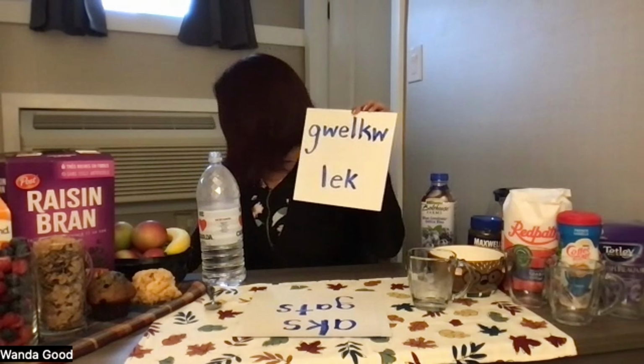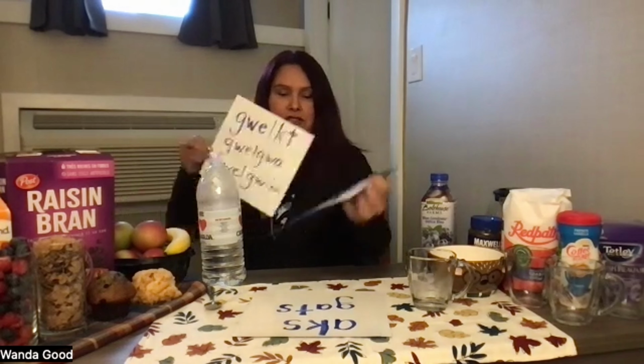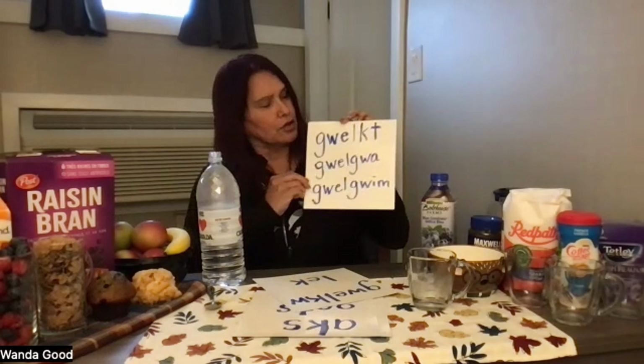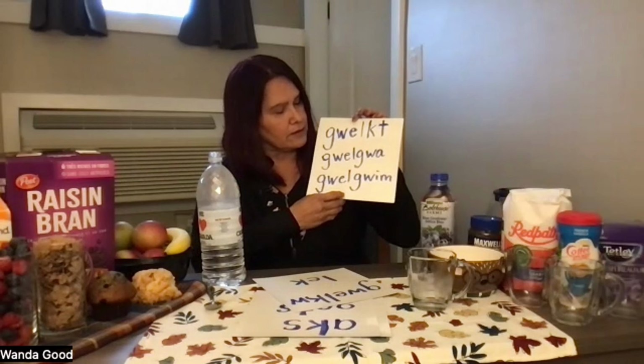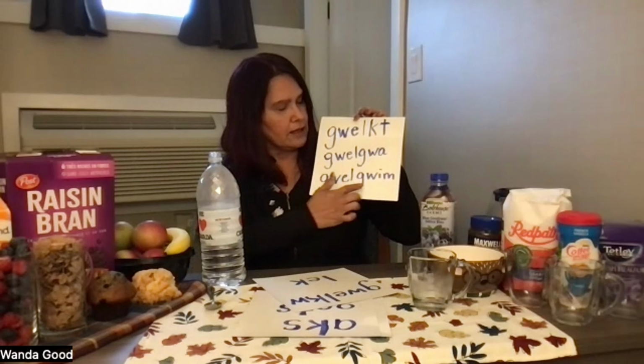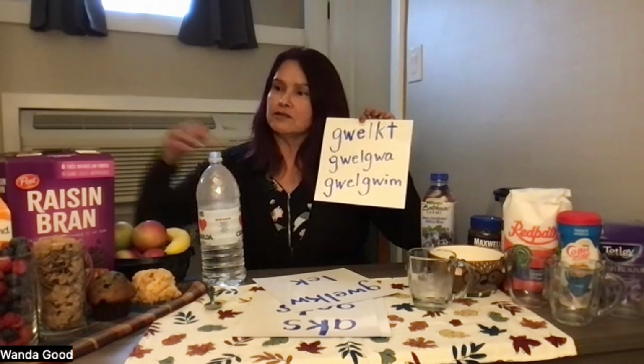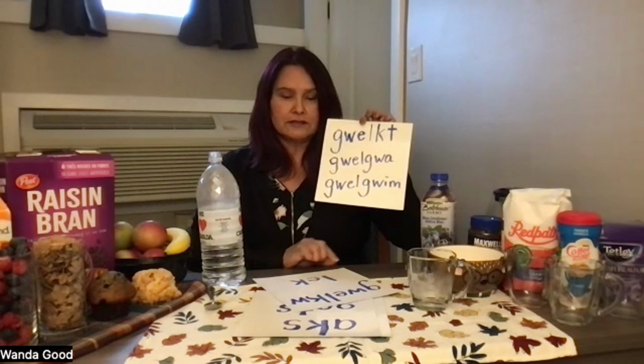The different versions of it are guelkut, which means it is dry, and guelgua honech, the dry ingredients. It describes the items. And guelguim honech also means the dry ingredients.